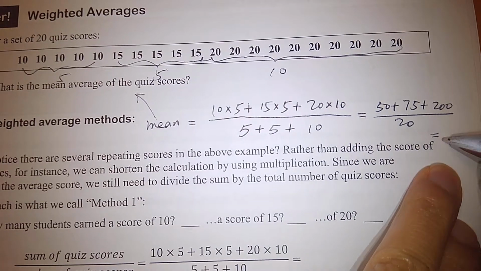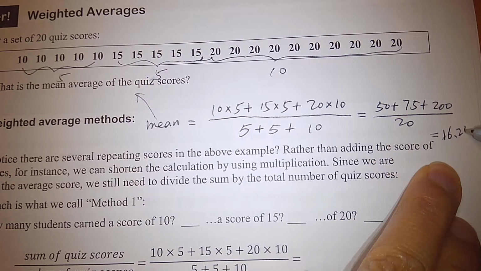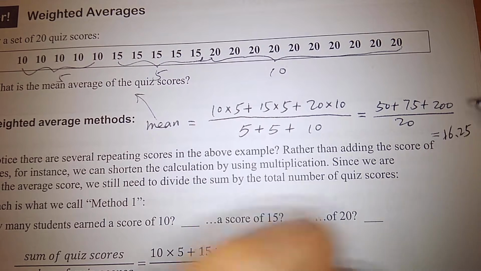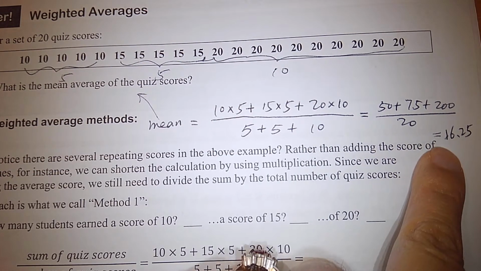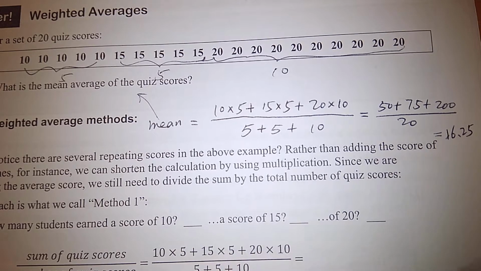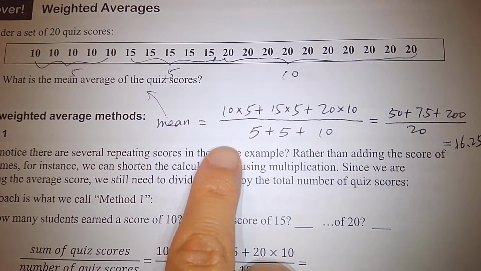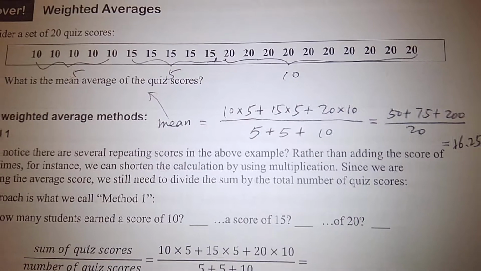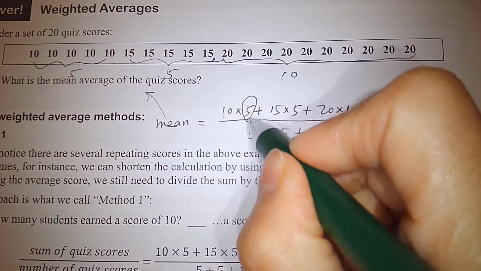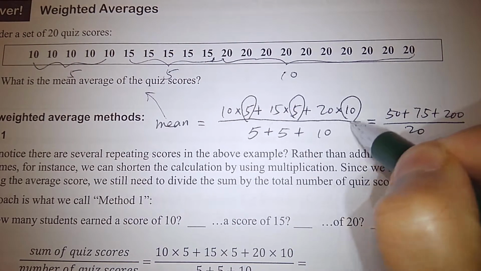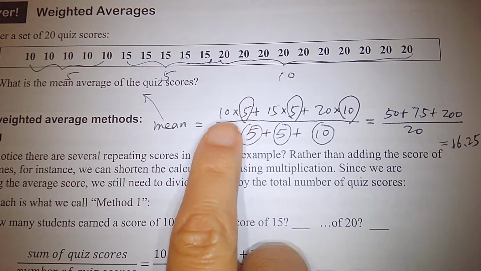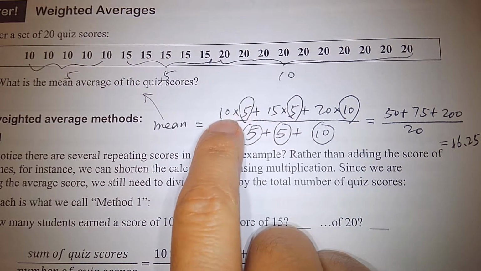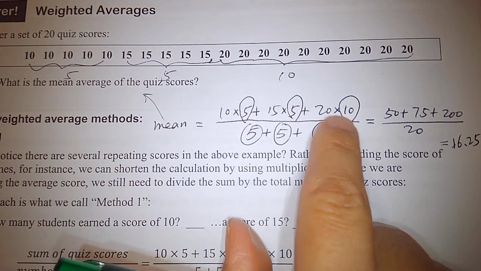16.25, everybody? Okay, 16.25. So this is the average score over these 20 quiz scores. The average score is 16.25. Well, guys, from this shortcut of the computation, have you noticed that there are 5 of 10, 5 of 15, 10 of 20?